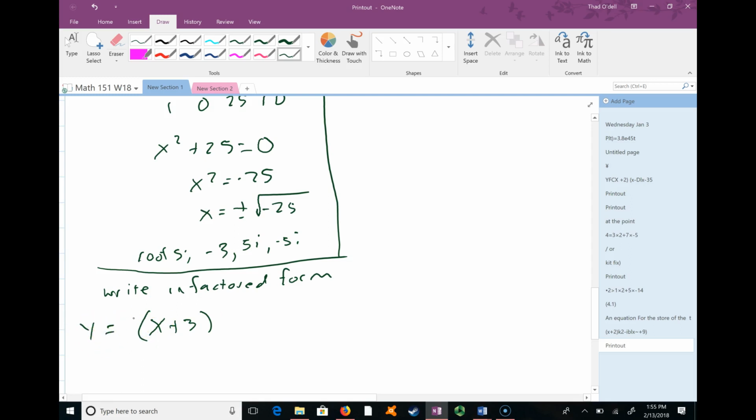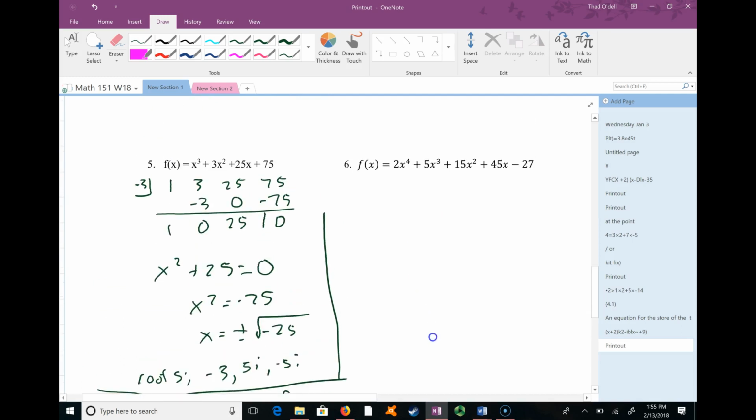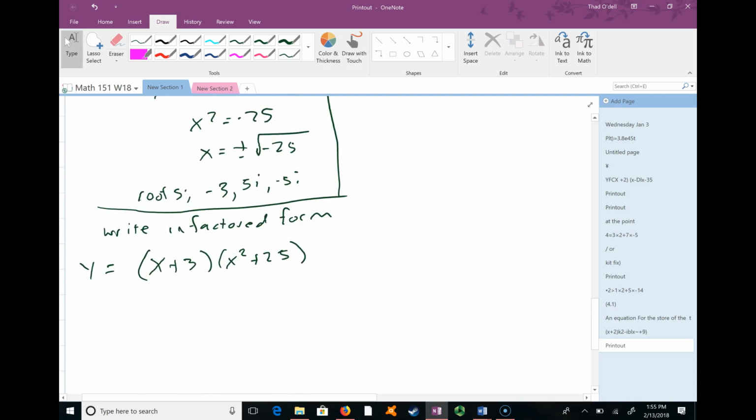But I don't write x minus 5i, x plus 5i, because those are not proper factors. What we would do is write x squared plus 25. So we have a linear factor and an unfactorable quadratic factor. This would be that polynomial written in factored form.